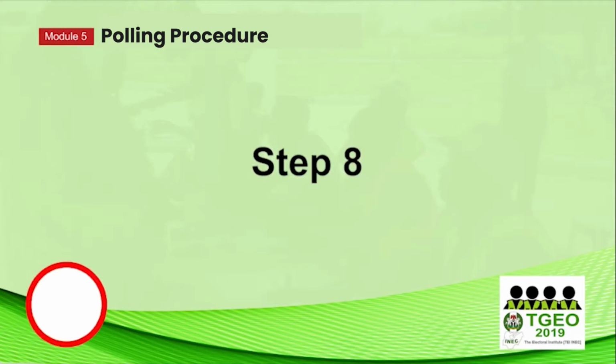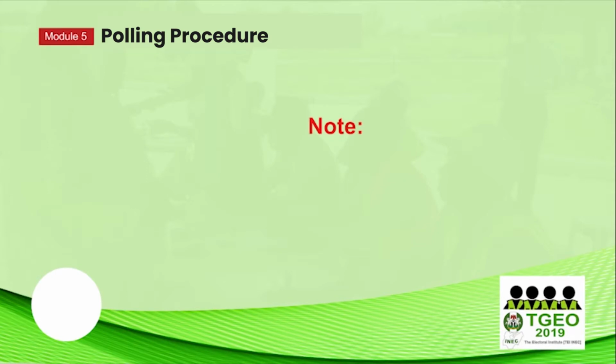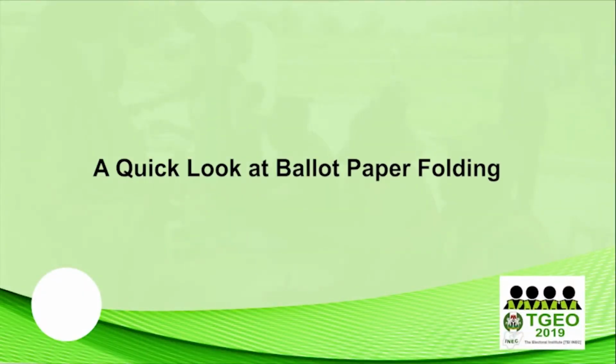Step 8. Where the voter is visually impaired or blind, VIB, the PO shall issue to him or her the Braille ballot guide or magnifying glass as the case may be. Note: only a valid voter's card should be acceptable for accreditation and voting. Quick look at ballot paper folding.